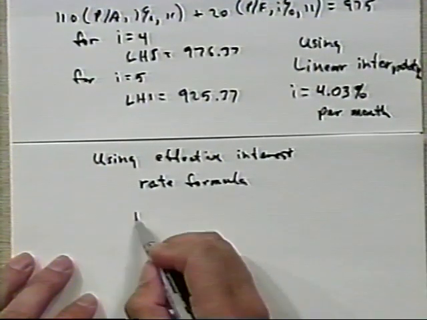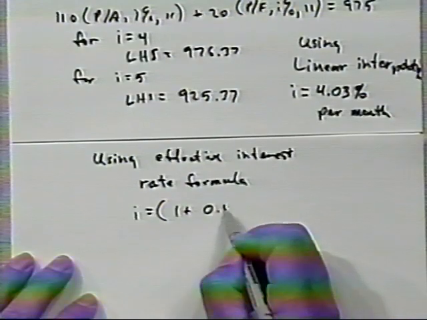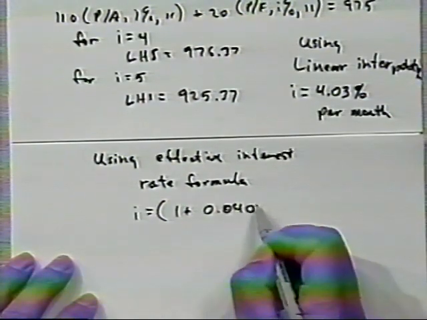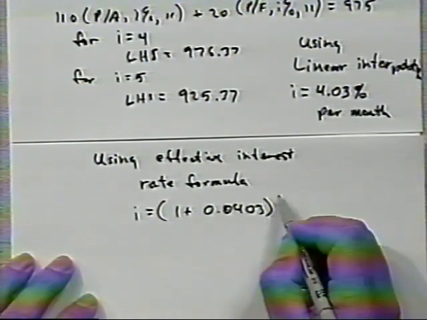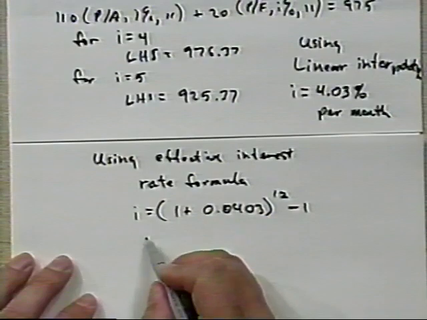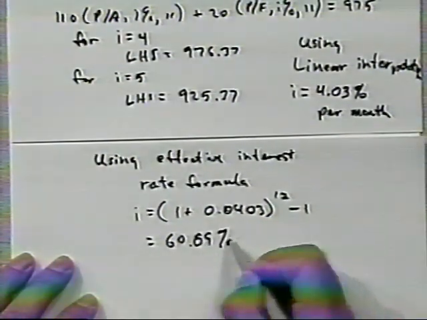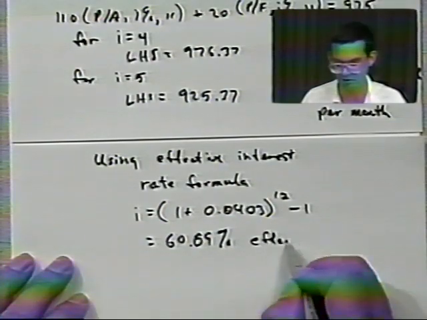We get I is equal to 1 plus 0.0403 to the 12th, because we want to do it, of course, for a year, which is 12 months, minus 1, equals 60.69% effective interest.